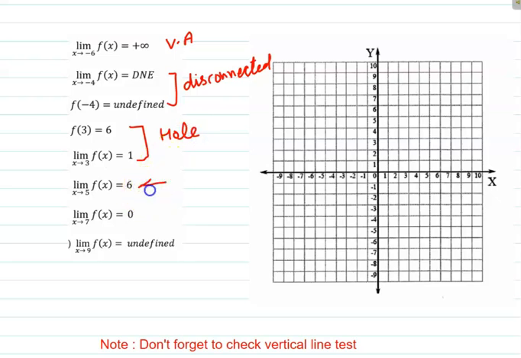And limit exists at 5. That means function is approaching 6 from left side as well as on the right side. And same is the case here. The function is approaching 0 from the left side of 7 and the right side of 7. So graph is going to be continuous at these 2 points. The limit is undefined when x is approaching 9.